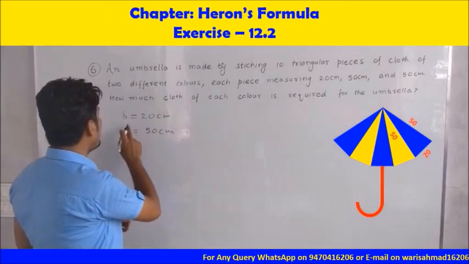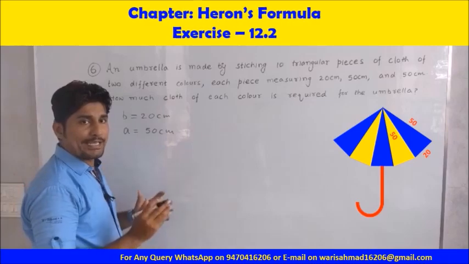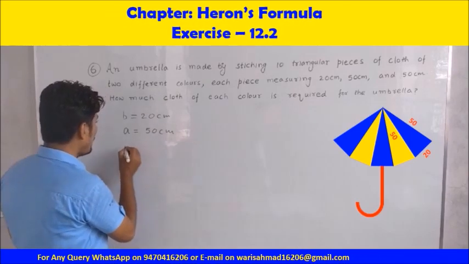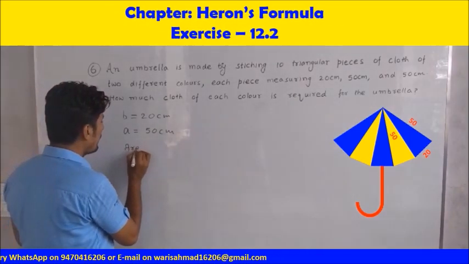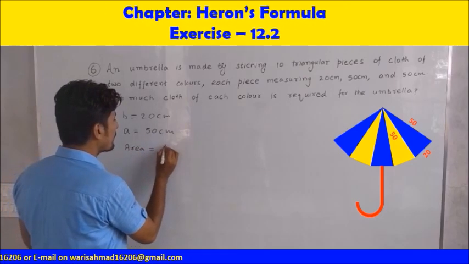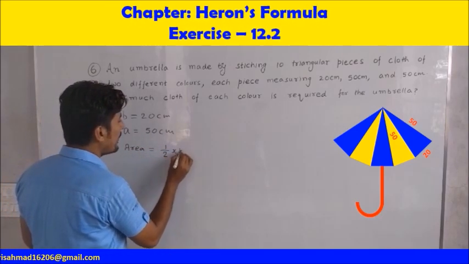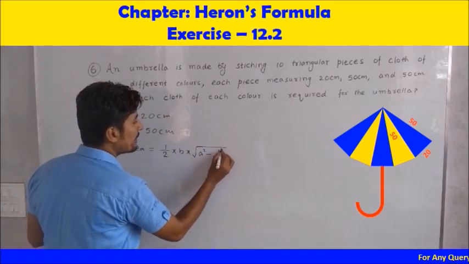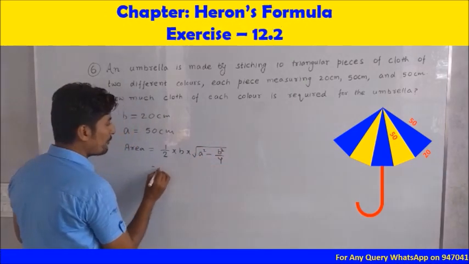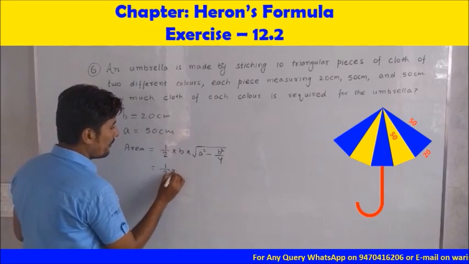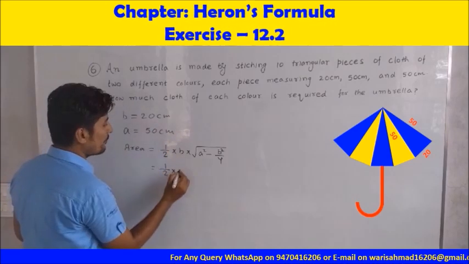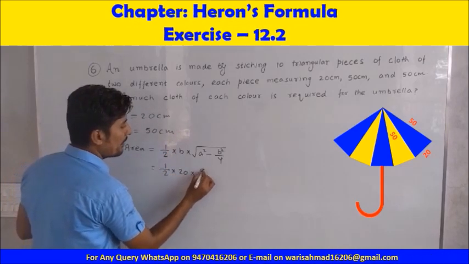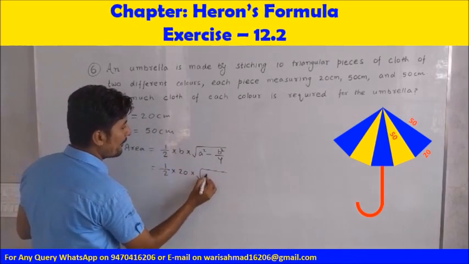After getting the value of A and B, now we have to find the area of triangle. So here we can use the formula. Area of triangle will be equal to 1 upon 2 into base into under root A square minus B square upon 4. Now we have to assign the values. Value of B we can assign 20 centimeter, while the value of A we assign 50.